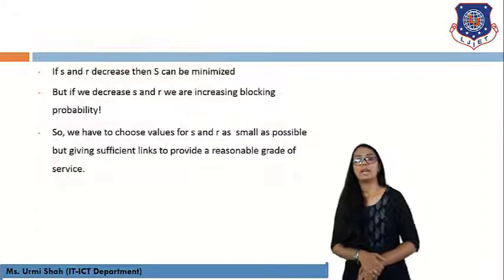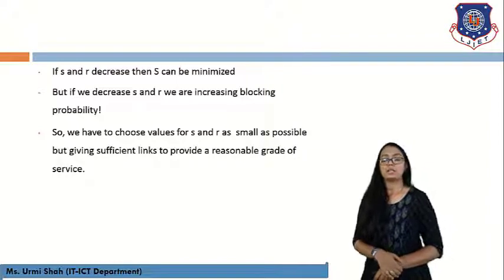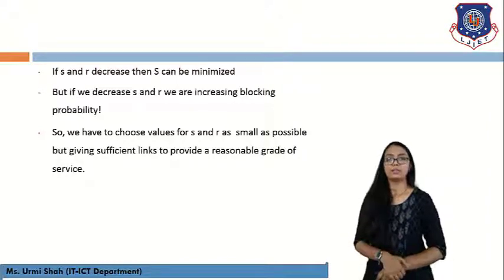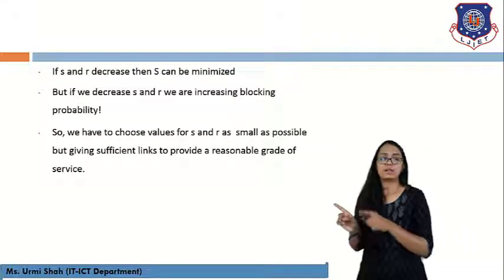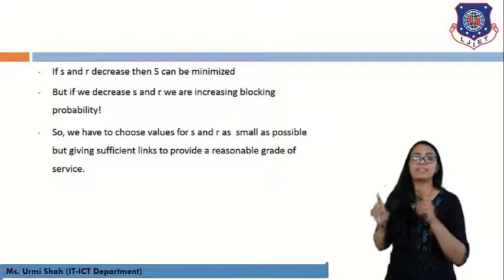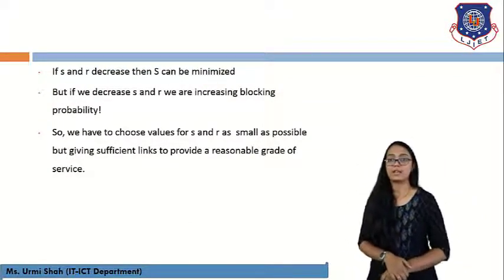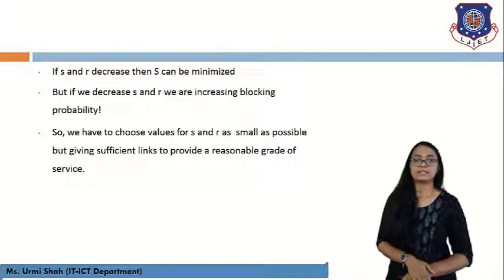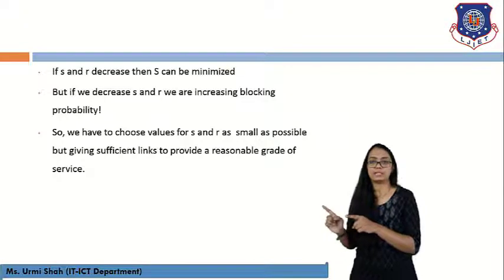This way we can derive the probability that a network will be blocked. If in this equation we reduce the value of S and R, then the network size can be minimized, but if we decrease S and R, then we increase the blocking probability.